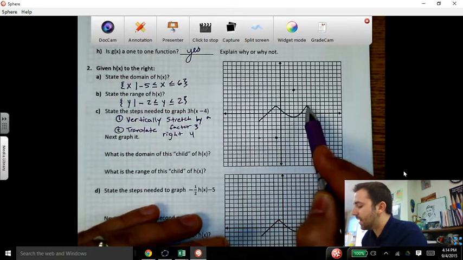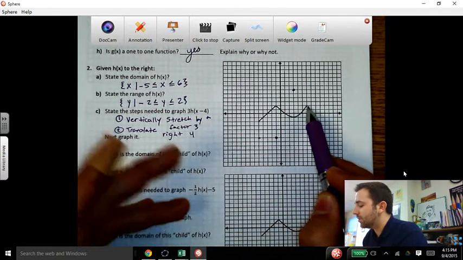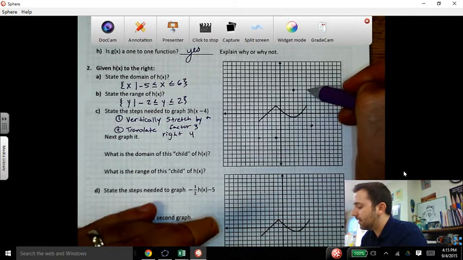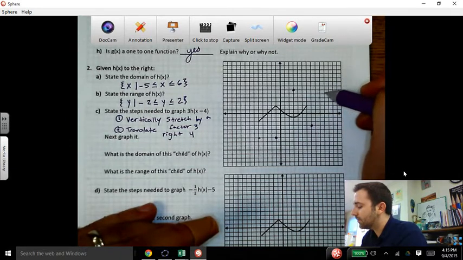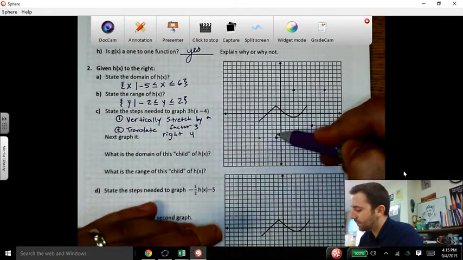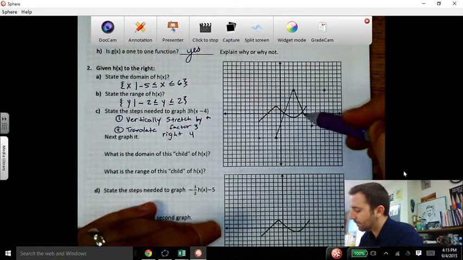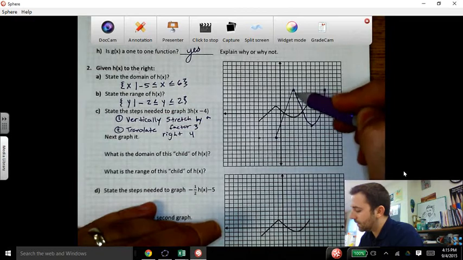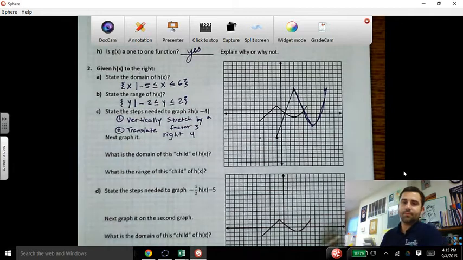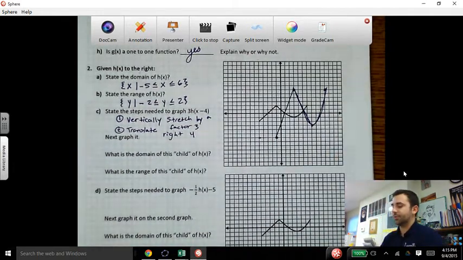And then at this last point, again, it's at a y value of 2, so stretching by a factor of 3 would bring that up to 6, and then translate 4. And so then when I do this, I would simply stretch the function and translate it so that we could actually see the transformations.